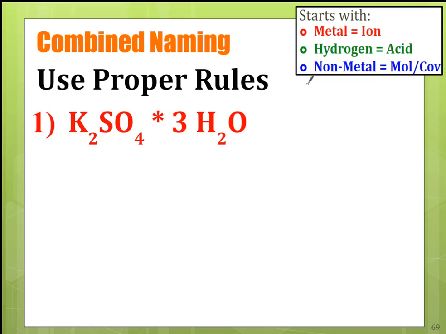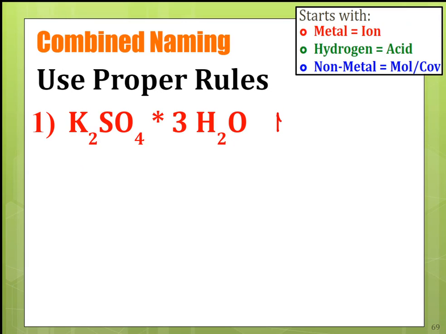Okay, I'll tackle it. First off, do you understand that this is an ionic compound? Please raise your hands on Teams if you realize that this is an ionic compound. Okay, you can lower your hands. Thank you. So since it's an ionic compound, we care about charges, and we do our rules like that.